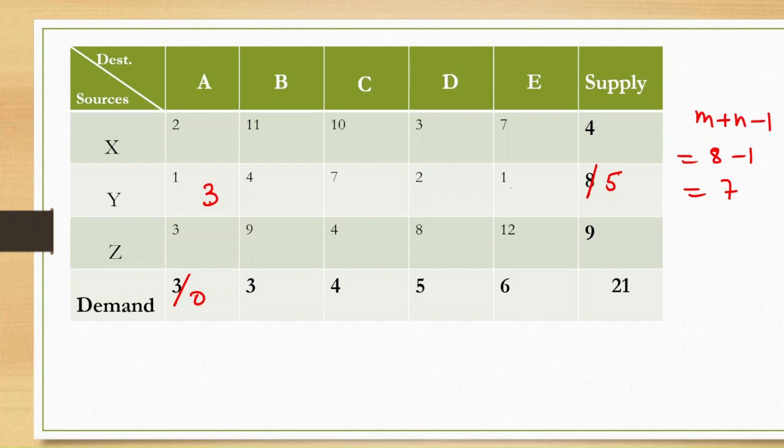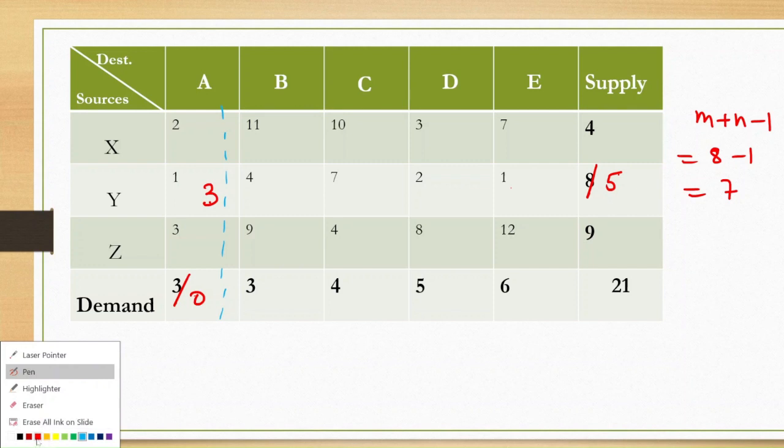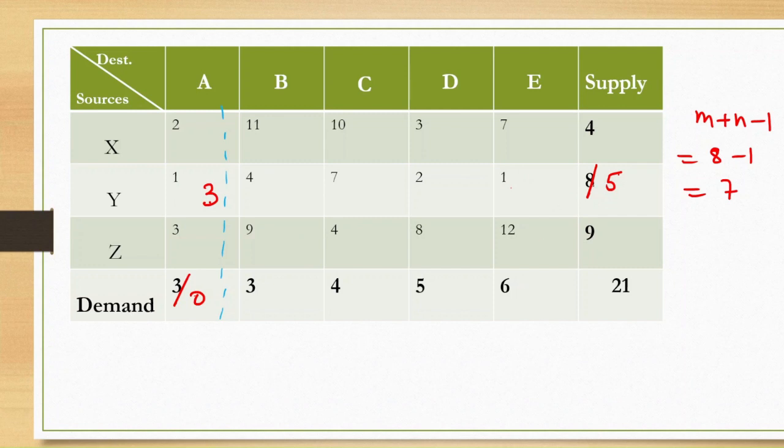As I cannot move further in this particular column, I'll not consider the lowest cost cell in this column, but in the remaining ones. In the remaining ones, obviously I again have a 1 here. The minimum of 5 and 6 is 5. So this is 5 and the 6 becomes 1.